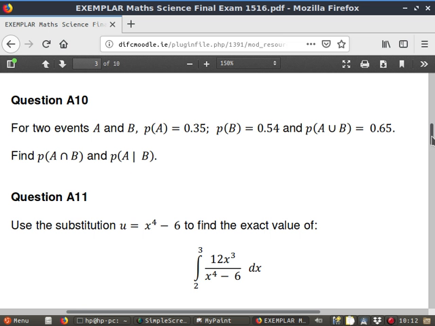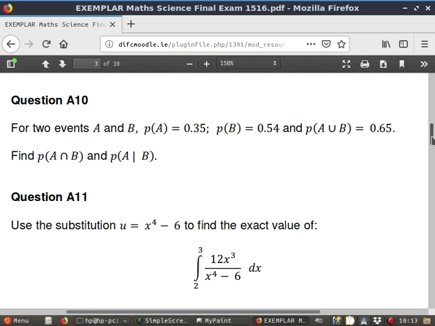Let's see if you can do it. If you can't find it, it's just there.